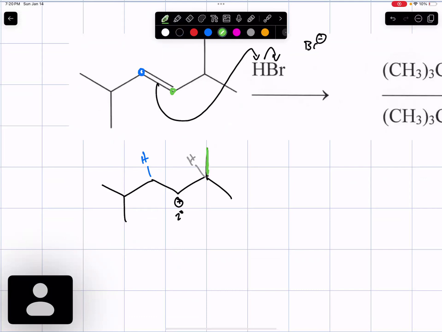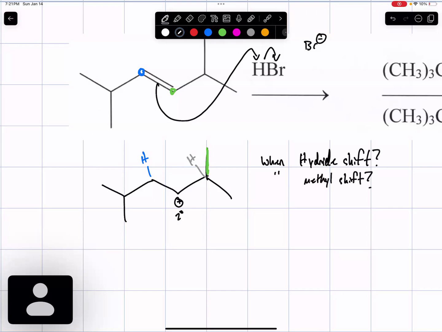When do I hydride shift, and when do I methyl shift? Basically I told you, whatever makes a more stable carbocation.